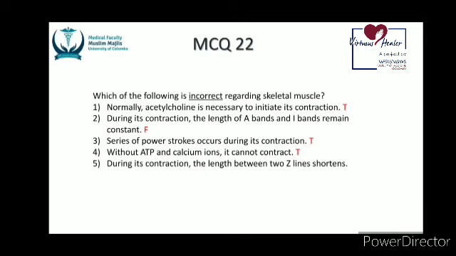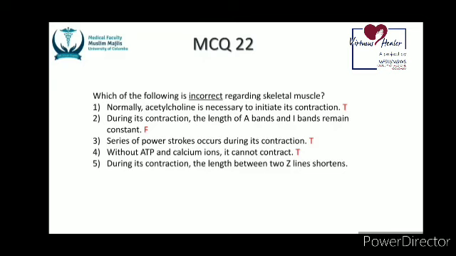Here in the skeletal muscle, this calcium will be released from the smooth endoplasmic reticulum or the sarcoplasmic reticulum present in the skeletal muscle fiber, and ATP will be produced by the many mitochondria that are present in the muscle fiber. Statement number 5.